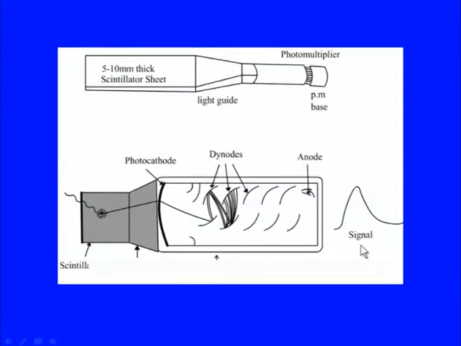This is the photomultiplier tube, which we explained earlier when we were discussing the scanning electron microscope also. There is a scintillator which collects this light, and through a light guide it reaches the tube. There is a photocathode. These photons are converted to photoelectrons, they are amplified, and finally the signal is measured.